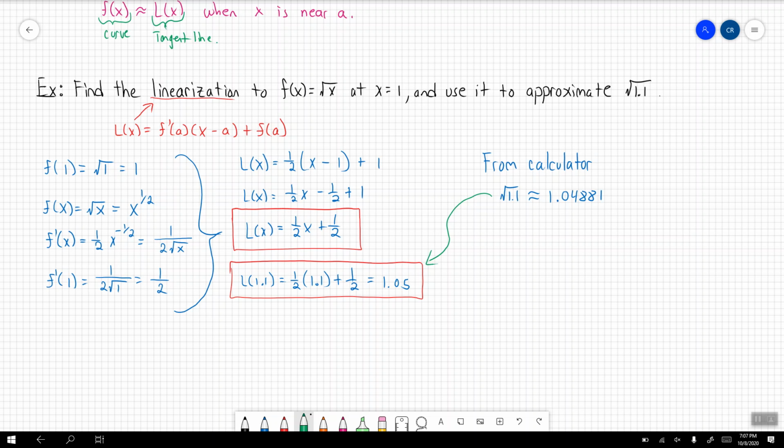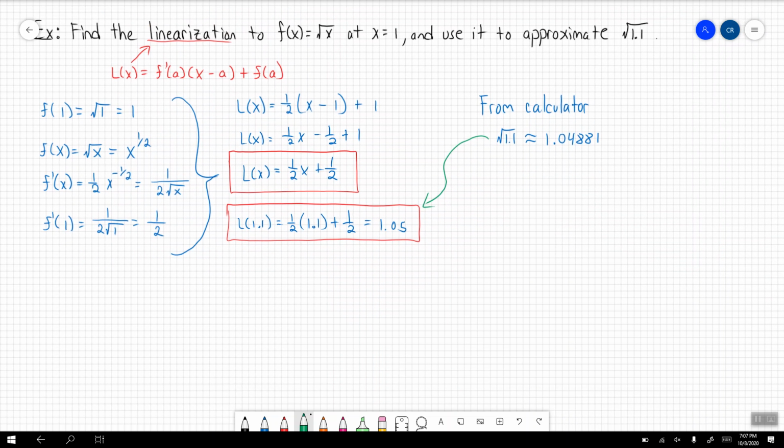It definitely is. And that's why we want to use these linearizations. In order for us to be able to consider these approximations, we want to first find the linearization, make this a nice linear function to evaluate, and therefore it's going to be easier to calculate. Awesome. So that's the first part of this lesson.